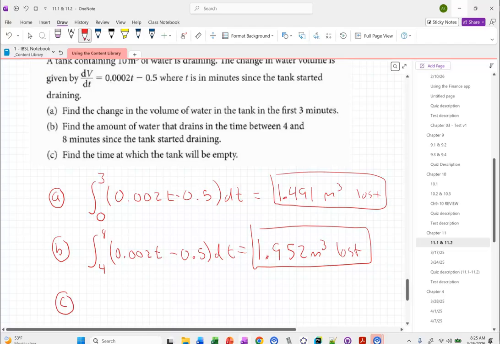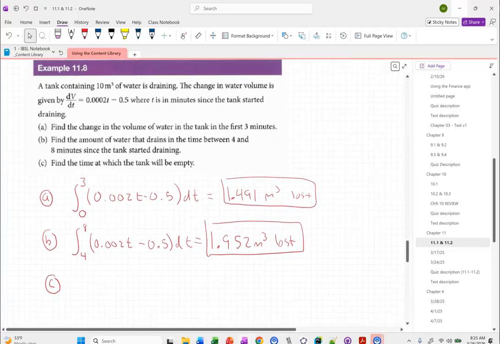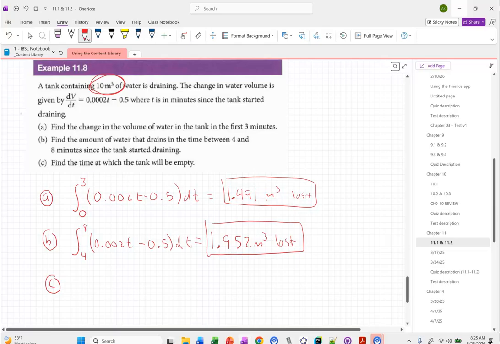Now it says find the time in which the tank will be empty. How much water do we need to lose for the tank to be empty? Well, it started at 10.